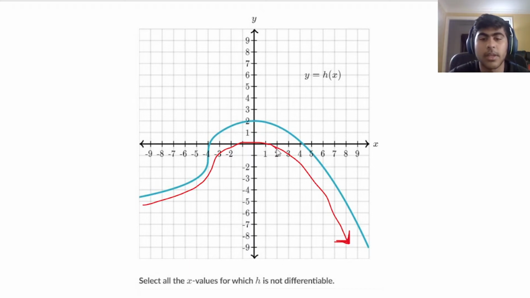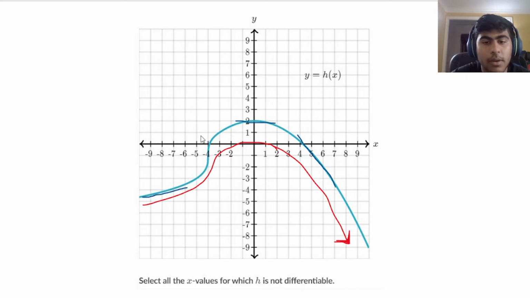That means all of this is going to be differentiable unless we have a sharp turn or a vertical tangent. Now, I don't really see any sharp turns here. The derivative is changing uniformly, and there's always only one tangent line that could be drawn at any point, say here, or here, or here.